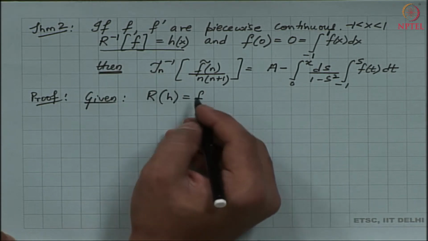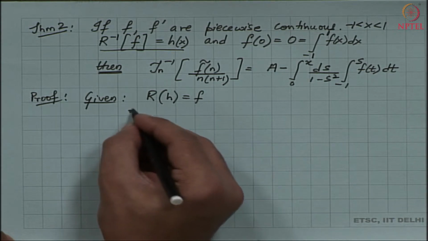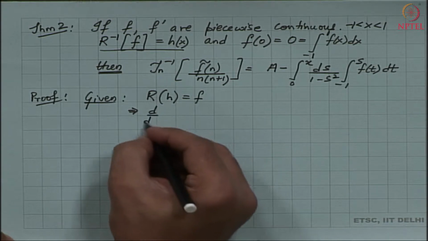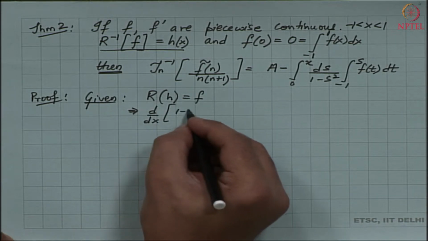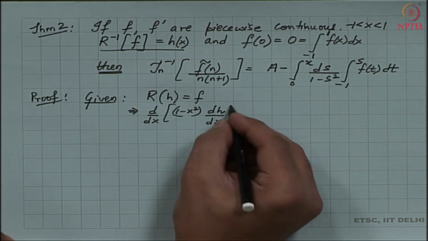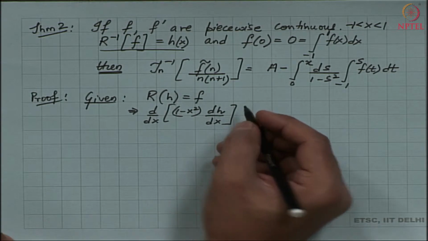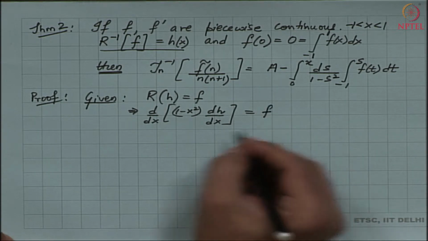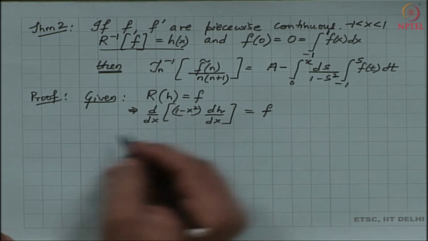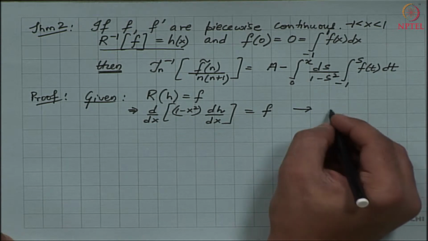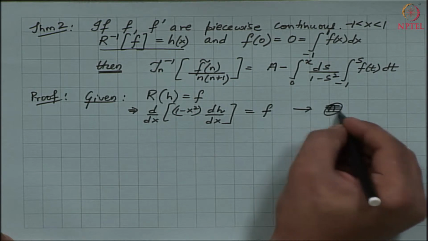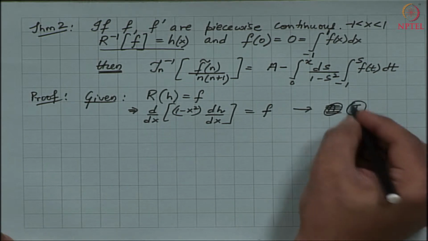So, R of h is d dx of 1 minus x square times dh dx, and this is also equal to f, by the definition of the operator R. Let us call this my expression I.